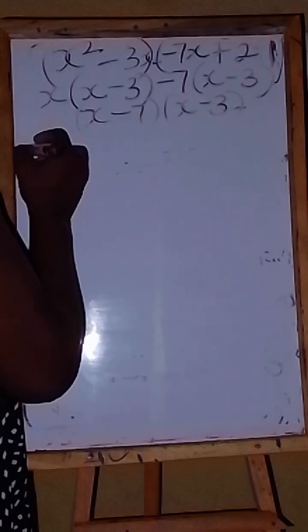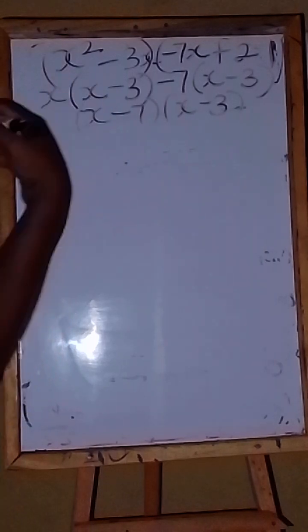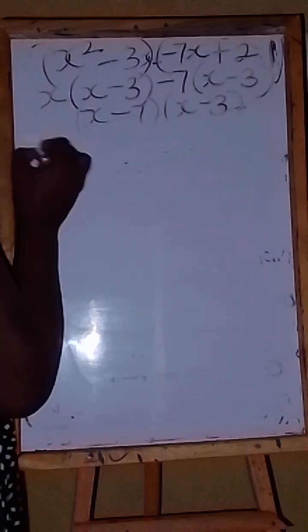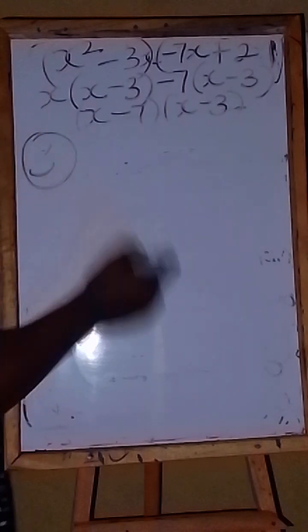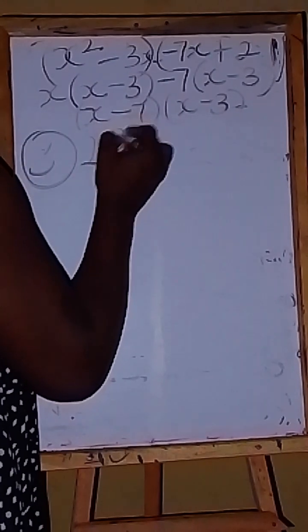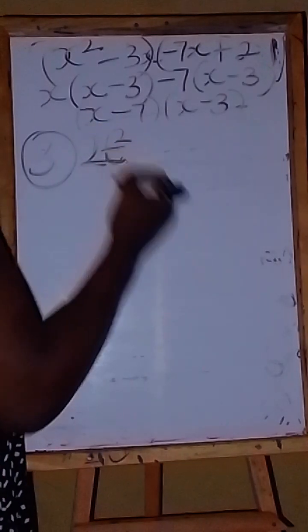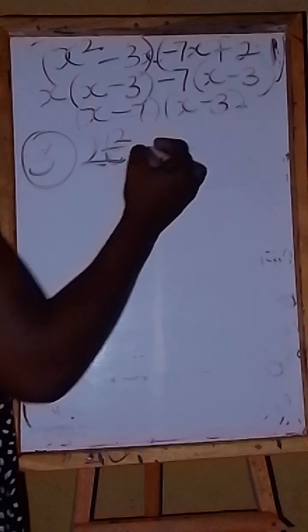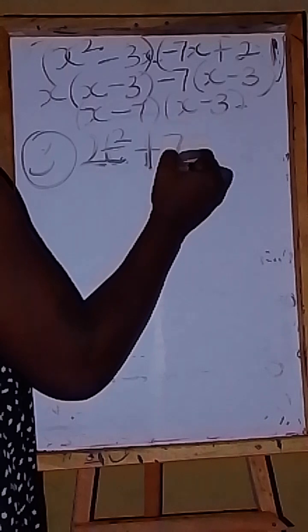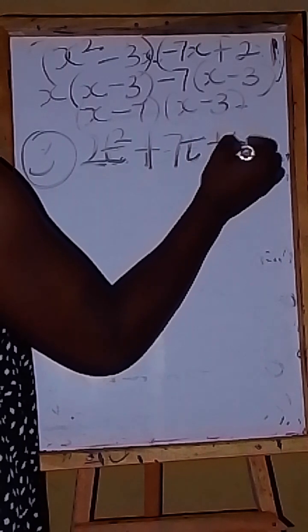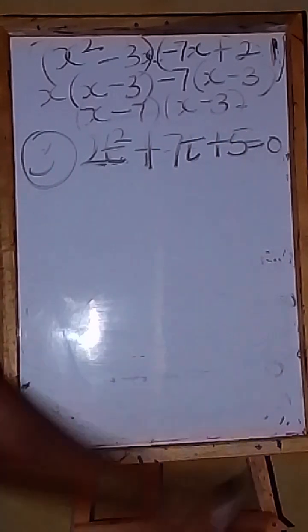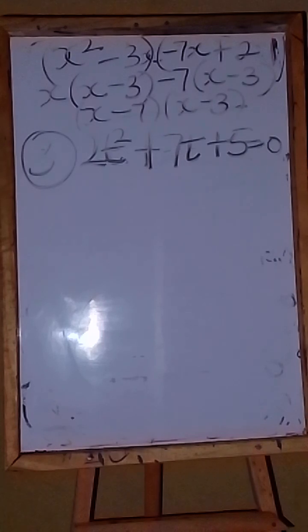I want us to take another one. This is factorization anyway. The third one is 2t squared plus 7t plus 5 equals to 0.